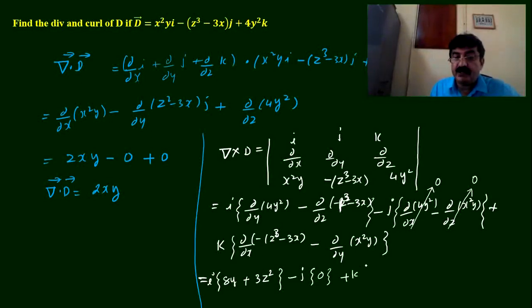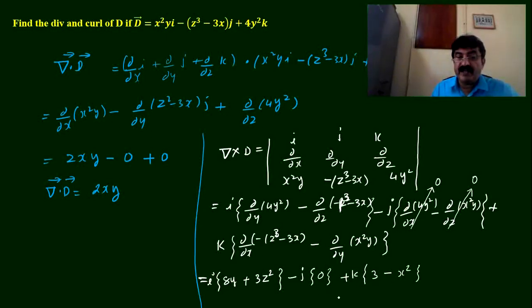Plus k into, coming to this one, with respect to x I have to differentiate, minus into minus plus 3x, that is 3 only. ∂/∂x of 3x is 3. Then with respect to y I am differentiating, so it is minus x² into k.